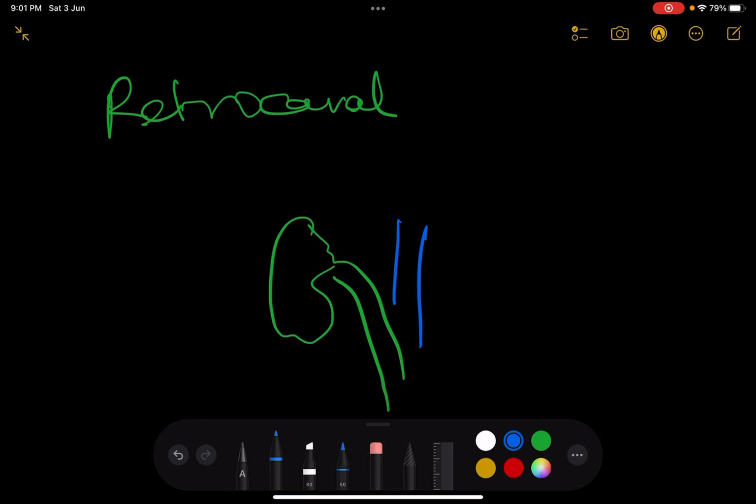It would go in front of the IVC. What happens now is very specifically it goes behind the IVC, and when it goes behind the IVC, it makes an inverted J. So it's called the fish hook or the reverse J ureter.